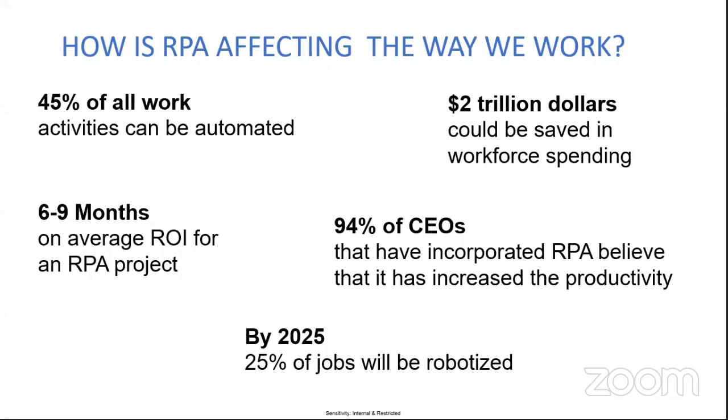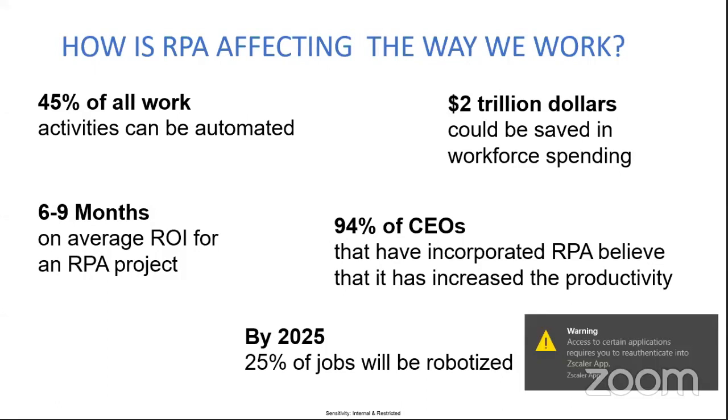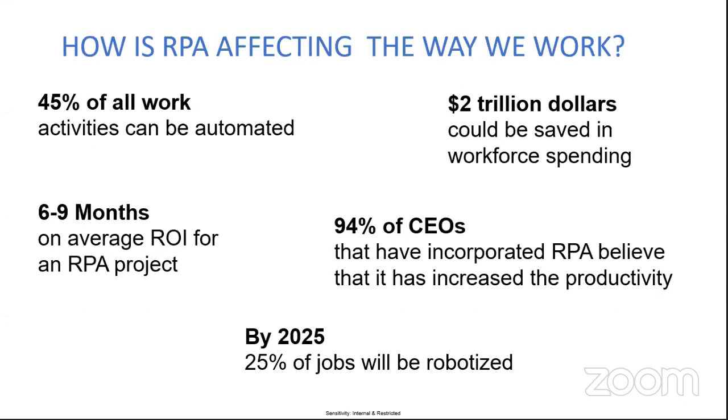And close to about $2 trillion could be saved because of RPA. And ROI is just about 6 to 9 months. The 6 to 9 months is basically for augmenting the bot with the data. That's all that is required for it to get the ROI. So that's the typical gestation period for an RPA project.